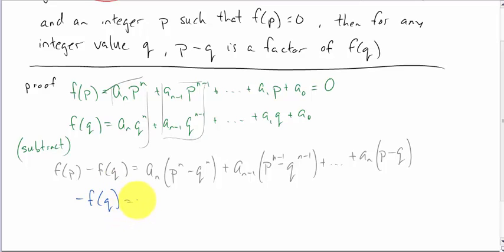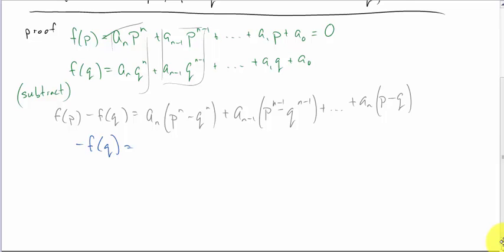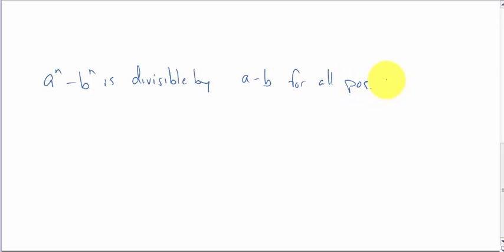And on the right-hand side, since every term is p to the n minus q to the n, or p to something minus q to that something, it can be shown, and we're not going to do this, but it can be shown, that a to the n minus b to the n is divisible by a minus b for all positive integers.